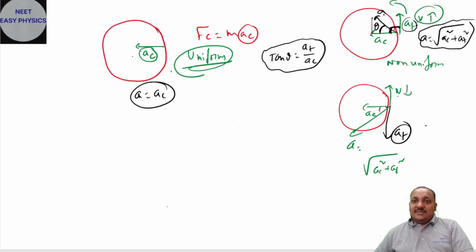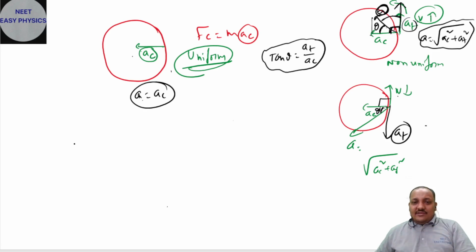But sometimes they will ask this theta with velocity. Whenever they ask with velocity, velocity will be in the upward direction. So the resultant angle is 90 minus theta. So the net acceleration makes 90 minus theta with velocity. Here, the net acceleration makes 90 plus theta with velocity. Correct? So this one you have to take care of very clearly.